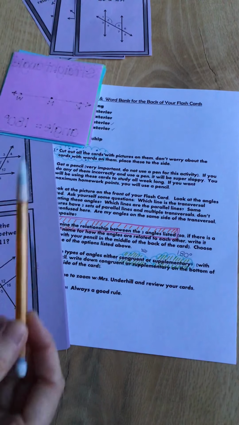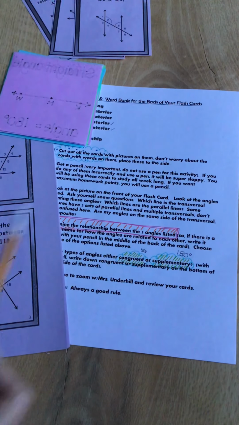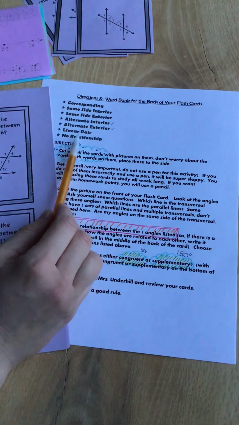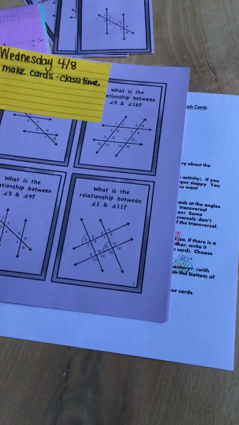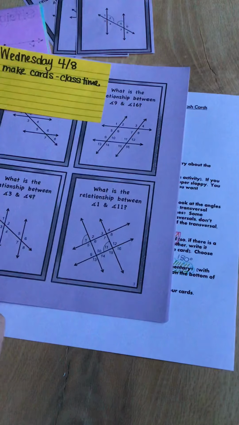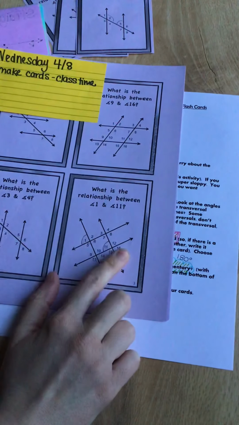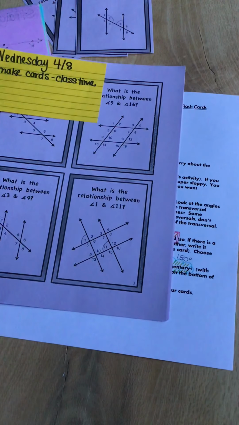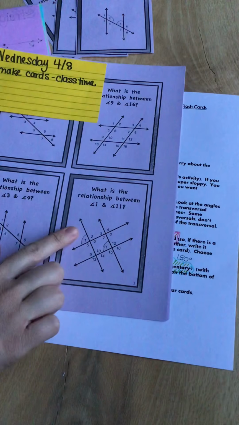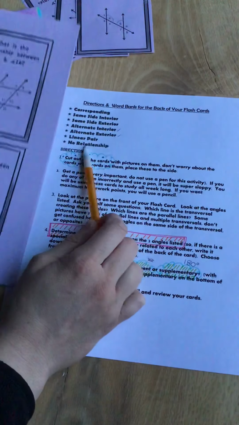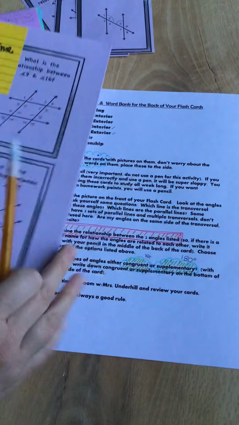All right, and so if I'm looking at this, linear pair or no relationship. Looking right here, if I had my clear sheet, I could slide it over and I could say, well, 1 and 11, yeah, they're equal, but does that make them corresponding? No, because I have to slide down the transversal. So right here, 1 and 11, they have no relationship, but they are congruent.